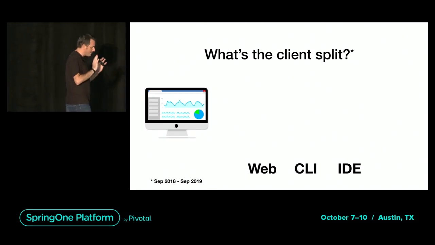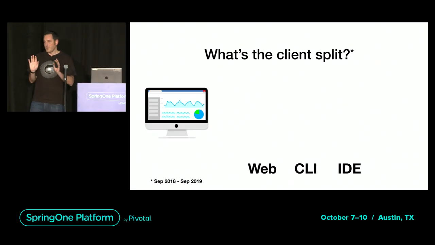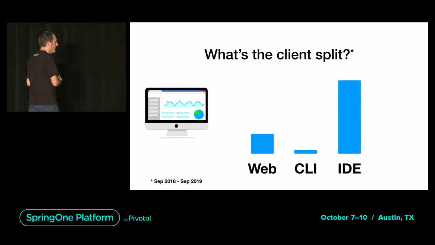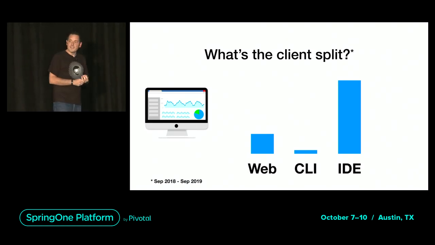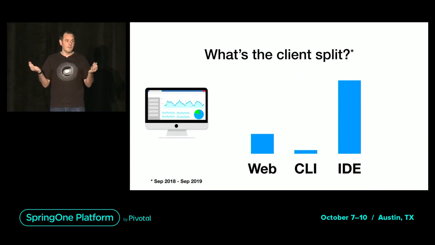So roughly speaking, given the size of the room, I should say web is almost 50%, CLI is less than 1%, and IDE is the rest. This is surprising, I know. It's very surprising. I couldn't believe it myself when I saw it. So this is for the last year, by the way. Massive usage of the IDE.